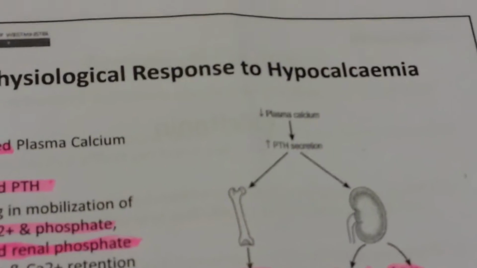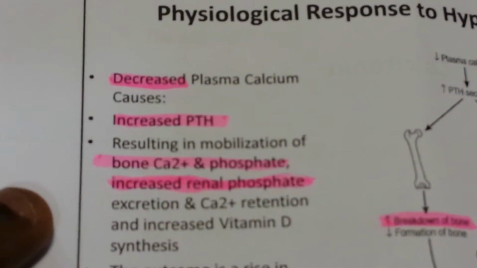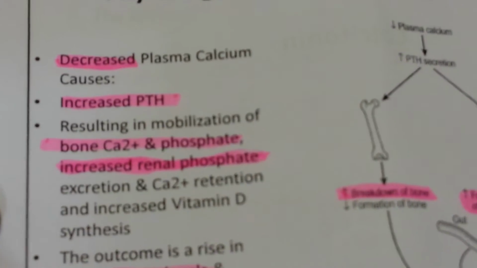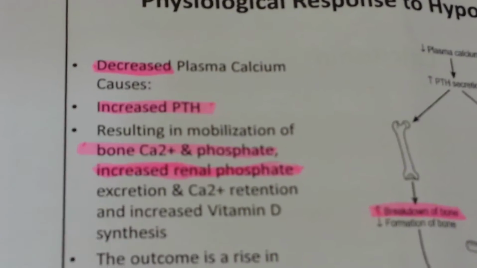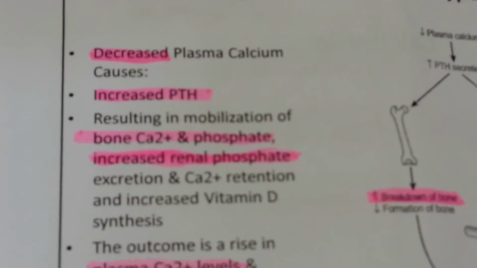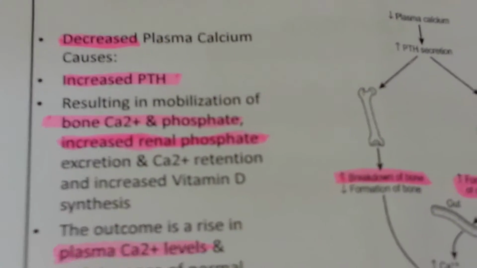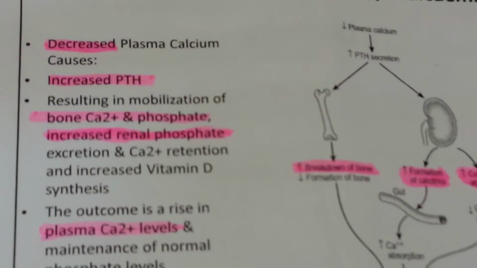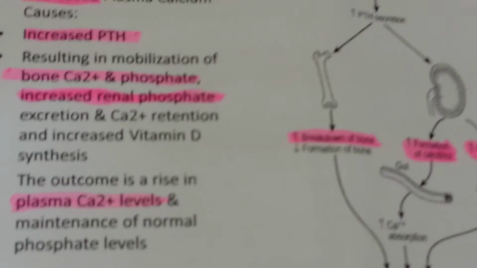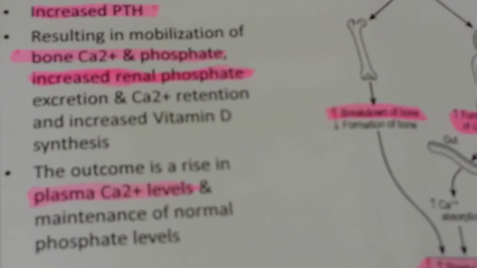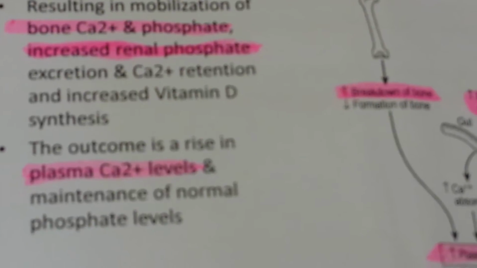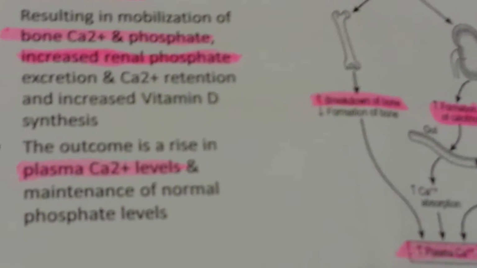Physiological response to hypocalcemia. Decreased plasma calcium causes increased PTH, resulting in mobilization of bone Ca2+ and phosphate, increased renal phosphate excretion, and Ca2+ retention. Outcome is a rise in plasma calcium. Maintenance of normal phosphate levels.